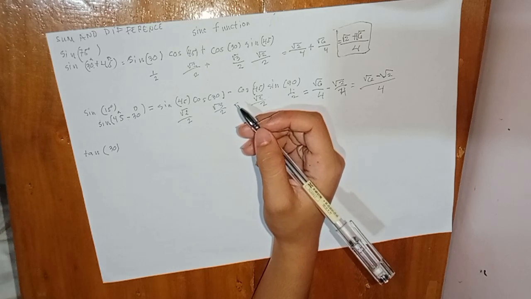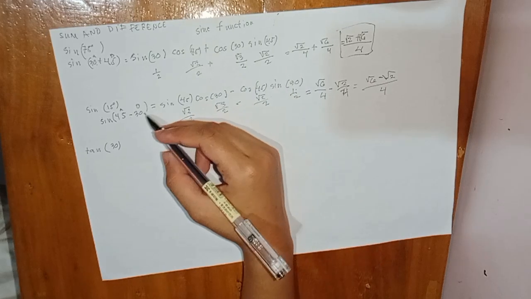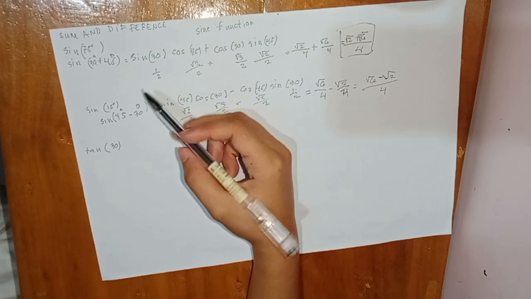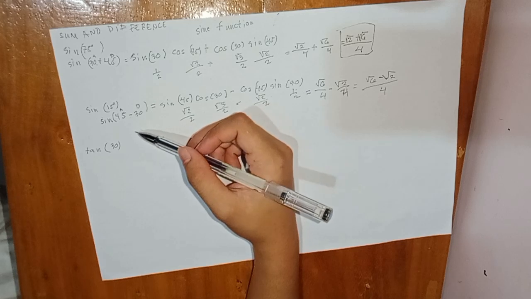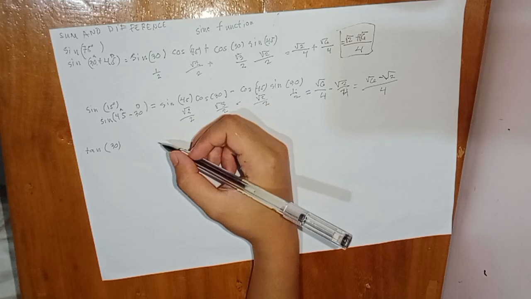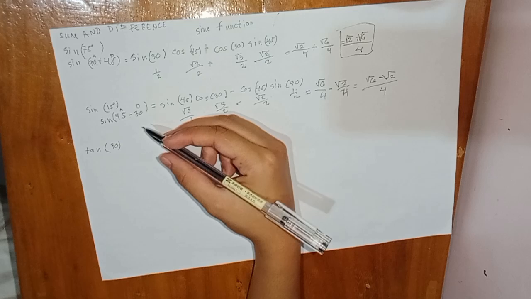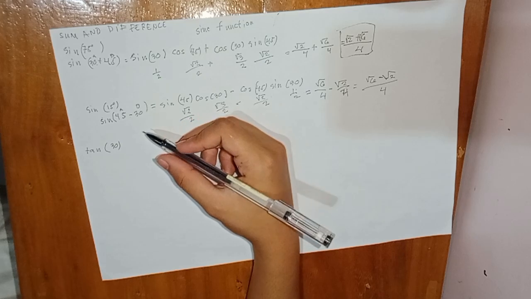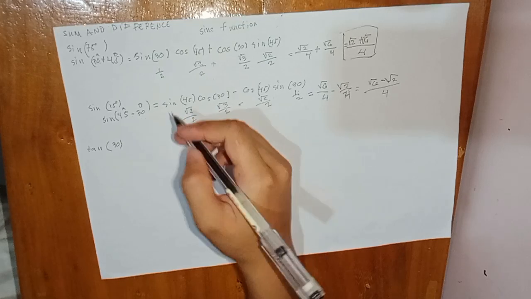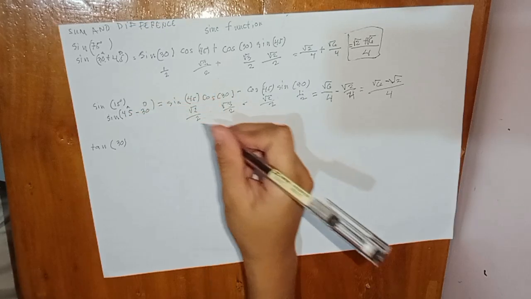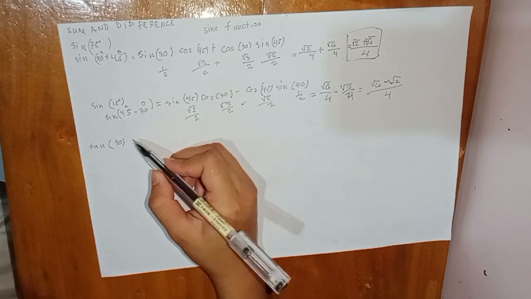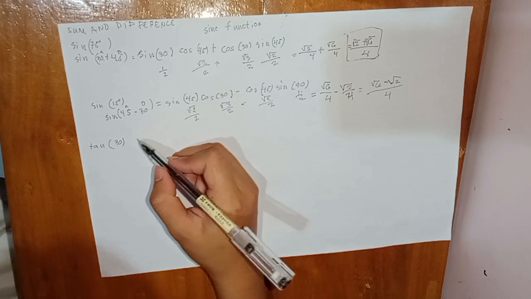So tangent is equal to the opposite side over the adjacent side. For tangent, we are going to have to rationalize. When you rationalize, the denominator is going to be square root of 3 over square root of 3.